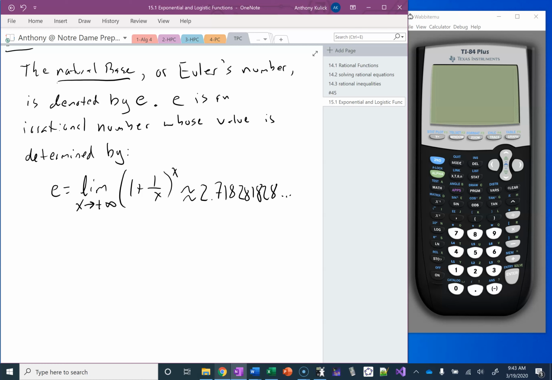But this natural base is really important because it's going to be really useful in representing situations where a system is growing exponentially continuously, or a system that has continuous or uninterrupted change going on.